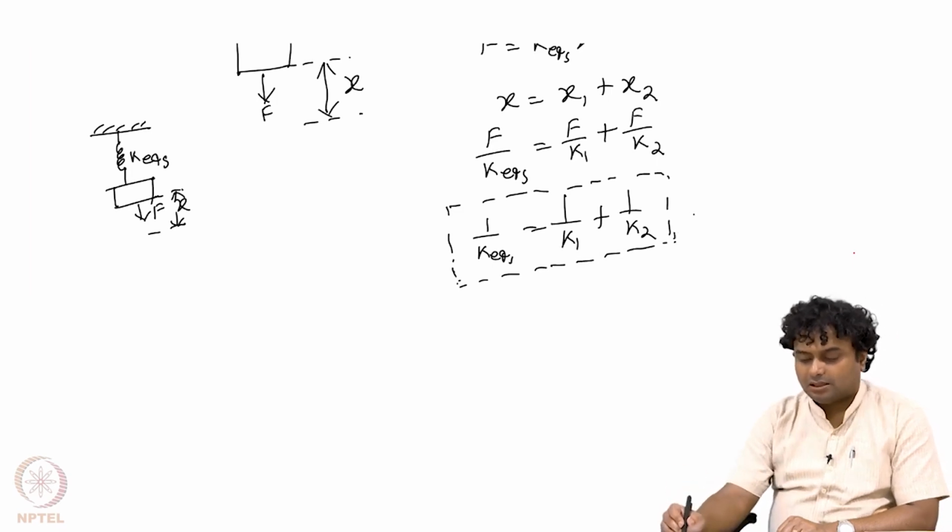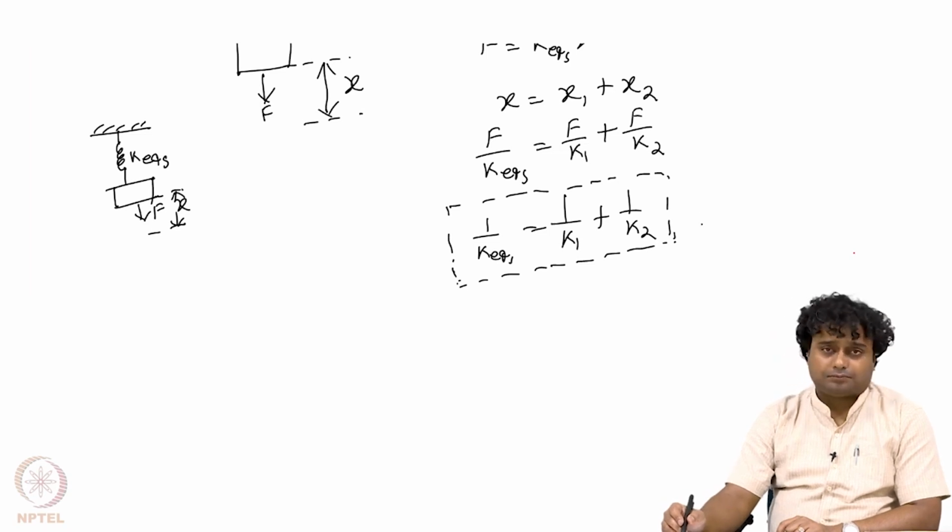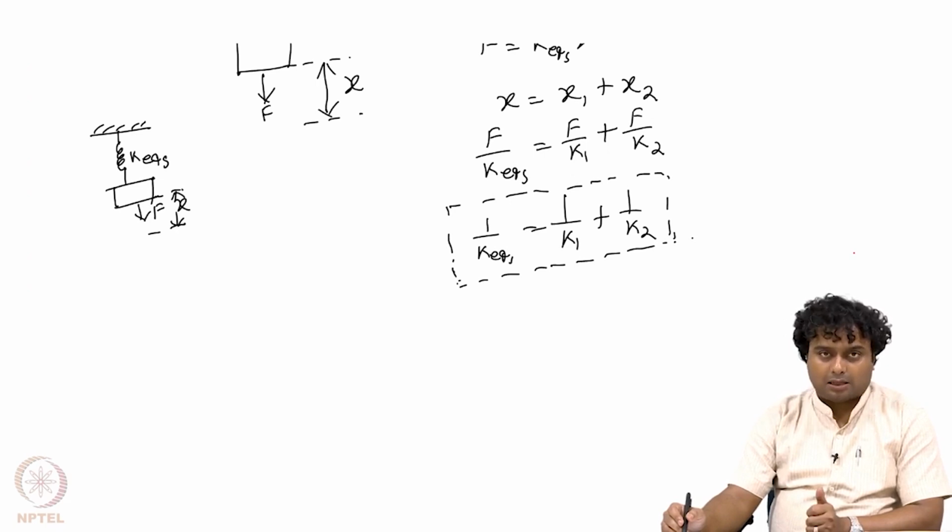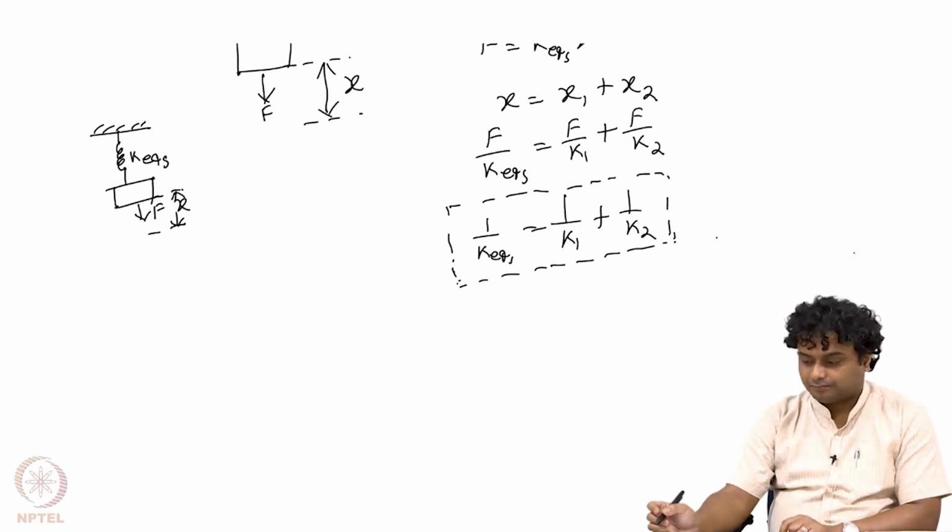Okay. So, this is another important relation, and for most of the complicated problems, what we will try to see is whether two beams are connected in series or in parallel, and accordingly we will first find the individual spring constant for those beams, and then apply the series or parallel spring formula and calculate the combined stiffness constant.